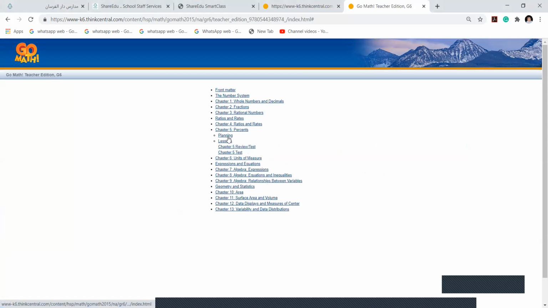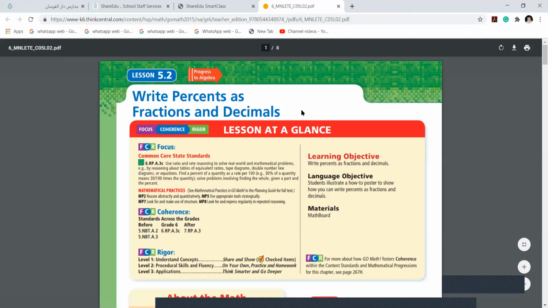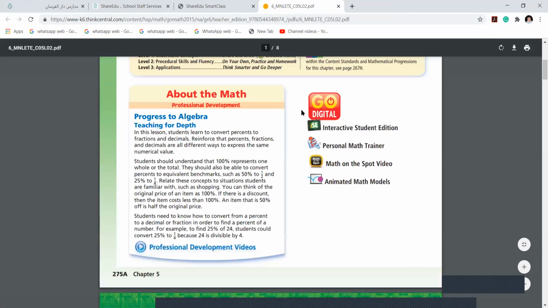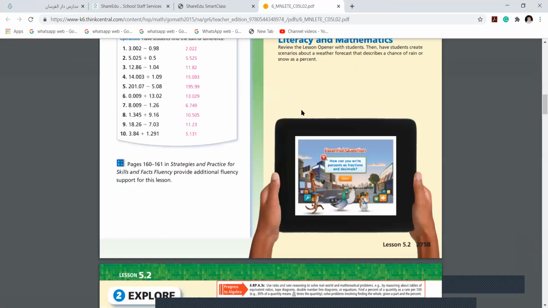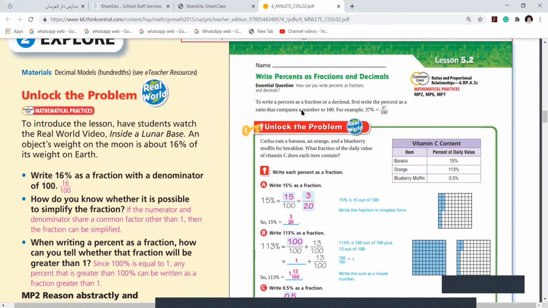In percentage, write percents as a fraction. Girls, you will not do it. I'll just explain to you. Okay. Girls, do we have science after this with you? No, miss. Did you see in your math class they have included the science lesson? Yes, we have since the last period. Okay, okay.